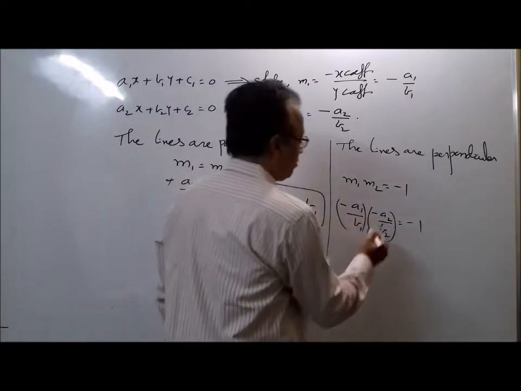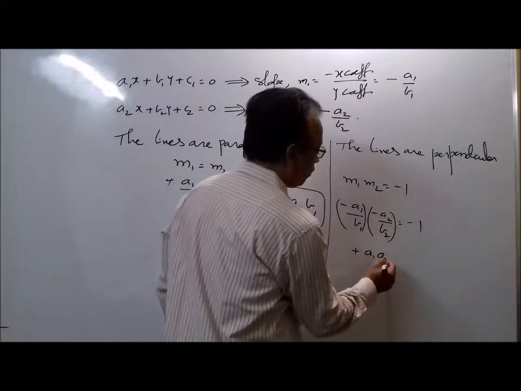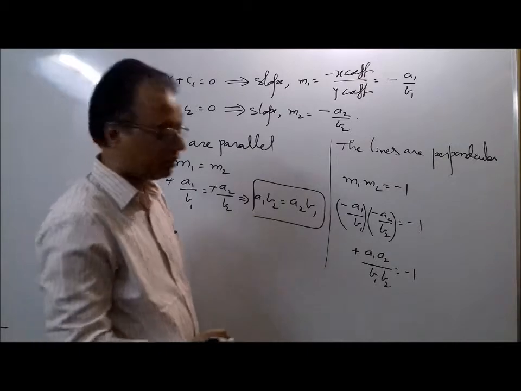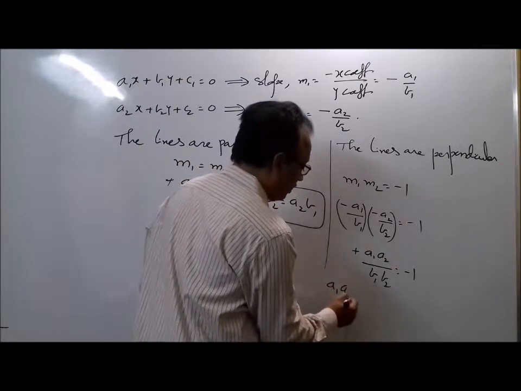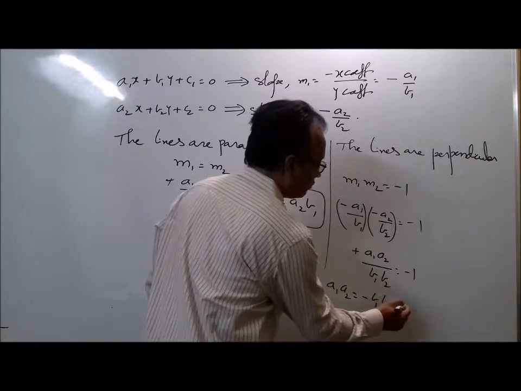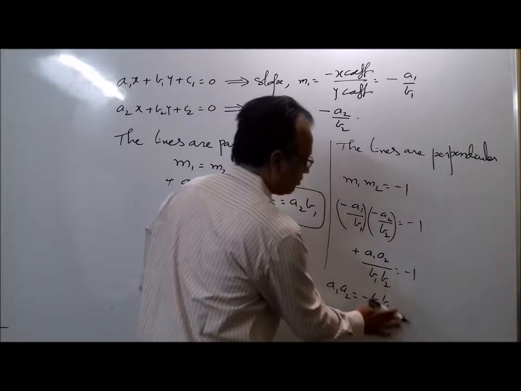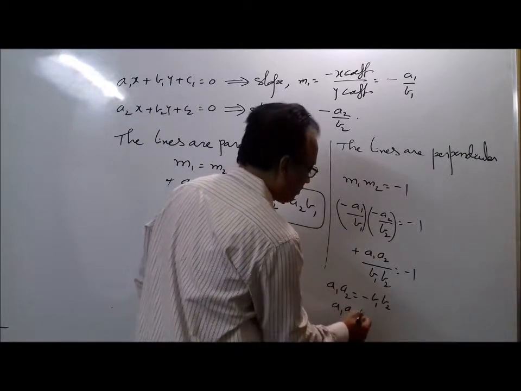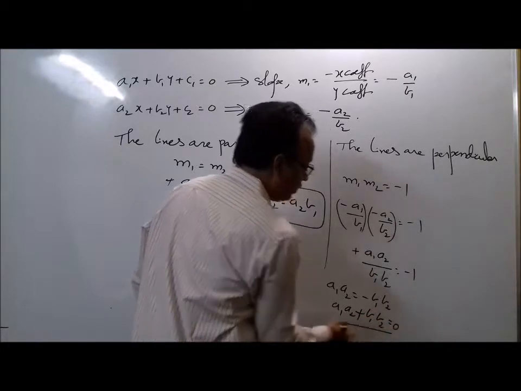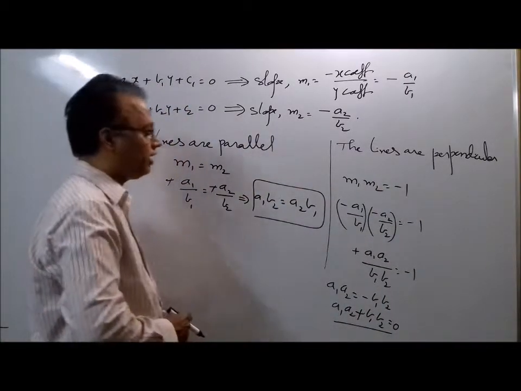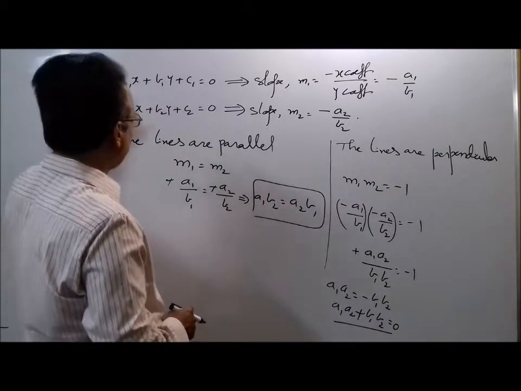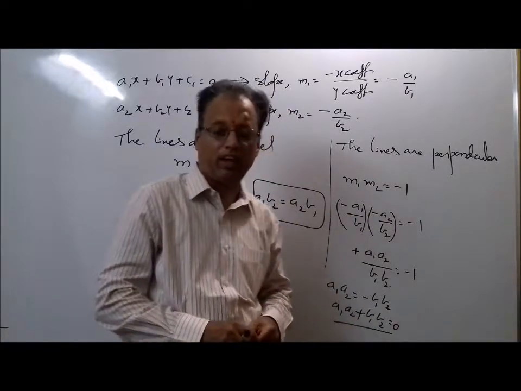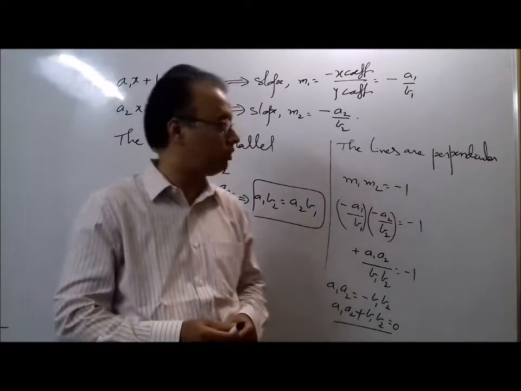That is, minus into minus plus, a1 a2 by b1 b2 is equal to minus 1. That is a1 a2 is equal to minus b1 b2. Take b1 b2 to this side and it becomes a1 a2 plus b1 b2 equal to 0. So that is the condition when the lines are perpendicular: a1 a2 plus b1 b2 equal to 0. This is a very important one we should remember.